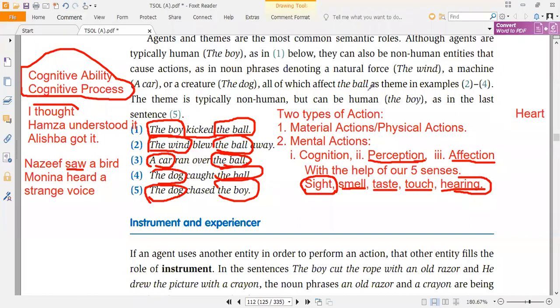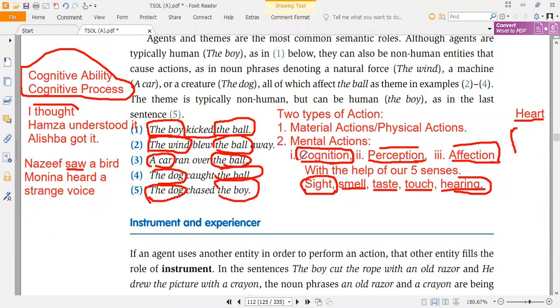All the actions we associate with our heart are called affections. Like when we feel something, he felt, he liked, he loved, he adored, right? So feelings, simply feelings. These are our thoughts, these are our perceptions, and these are our feelings.